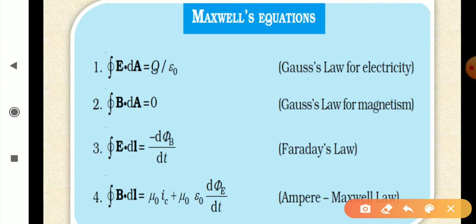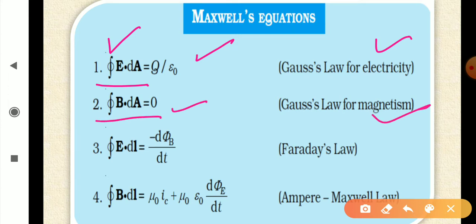So first one, you have done this one. This is Gauss law in electricity, that is electric flux, E dot dA is equal to Q upon epsilon naught. Now the same Gauss law in magnetism becomes B dot dA is equal to 0. Now this Q is the net charge enclosed inside a closed surface, right?